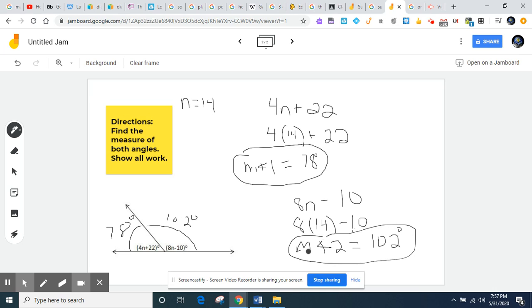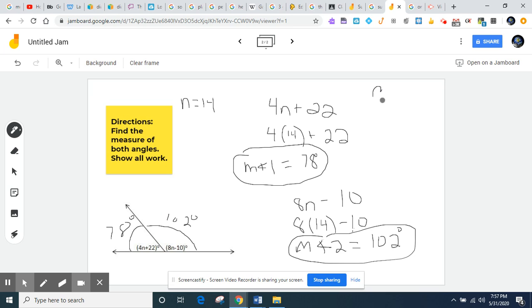Now, a way to check to make sure that we're correct, okay, is we know that these two angles are a linear pair, which means they make up a straight angle here, which means the sum of them should be equal to 180 degrees. So if we solve these two expressions correctly, when we add the two angles together, we should get 180 degrees. So let's check that out.